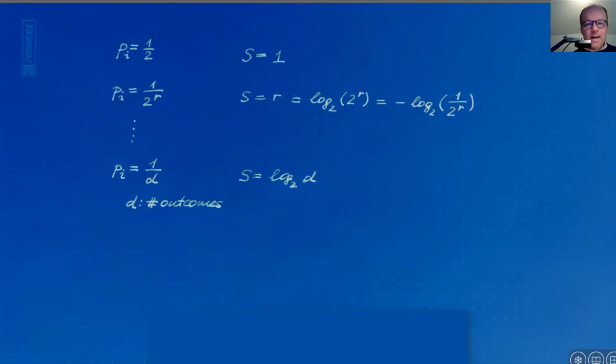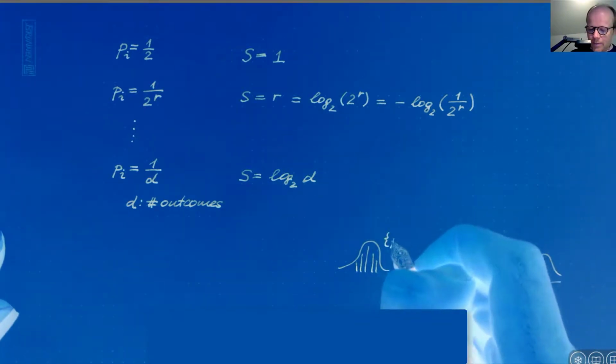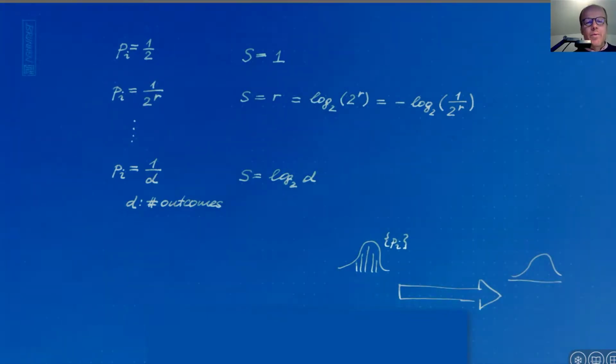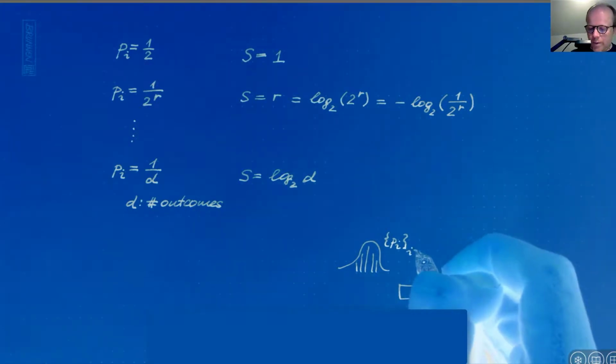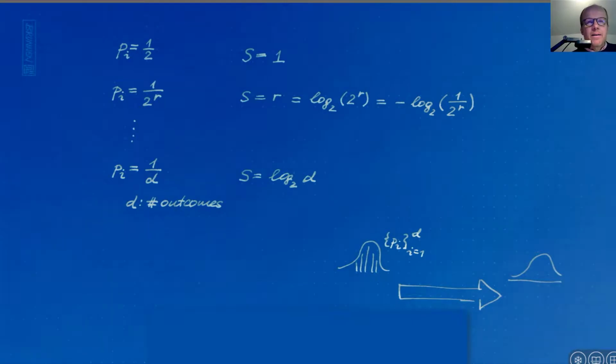And the argument exploits the law of large numbers. Let's say the random experiment has the probability distribution with probabilities p_i, i going from 1 to d, where d is again the number of possible outcomes.